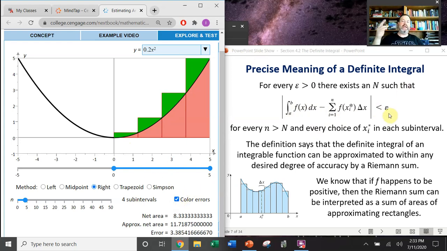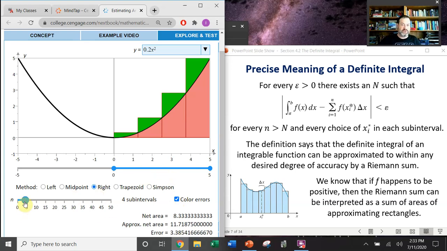So let's say we want epsilon to be 0.1. Can I find an n? So the net area is the real value of the definite integral, and the approximation is the rectangles, and the difference is the green, the subtracted part. So the error is the green. Can I get it less than 0.1?